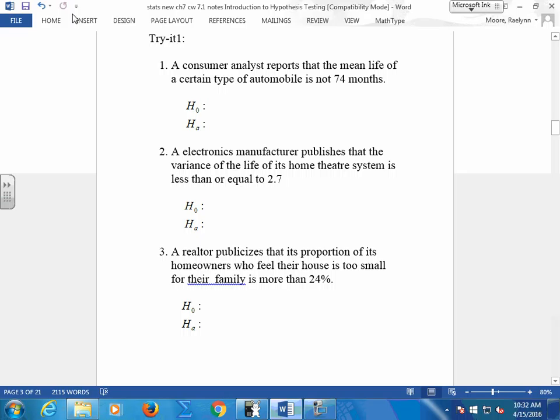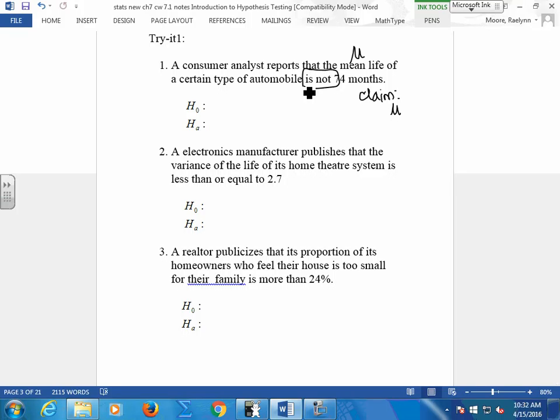Okay. So for the first one, what's the claim? John, give me the claim. The mean is less than 74? Nope. David, how about your brother? What does this say? What are these words? Is not equal. So if it is, it's equal.